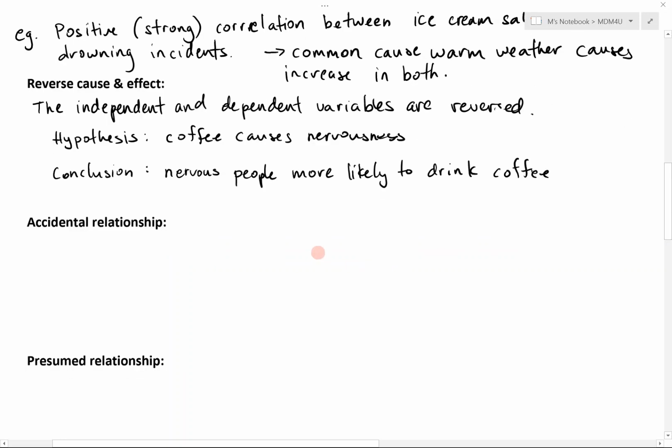The fourth kind is the accidental relationship, and this is just a coincidental relationship, a coincidental correlation.